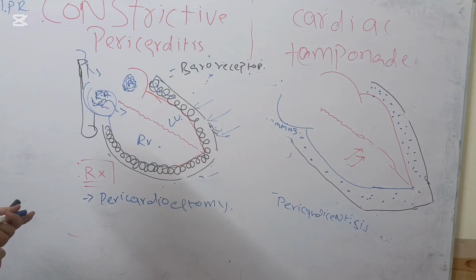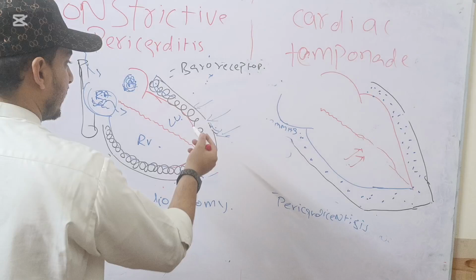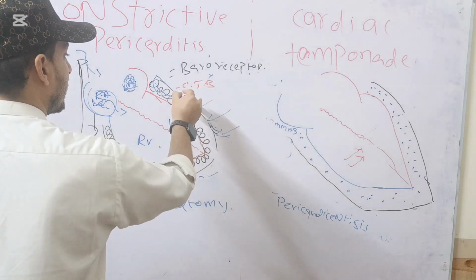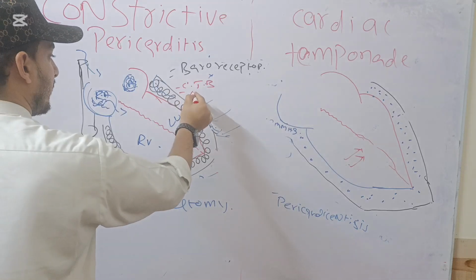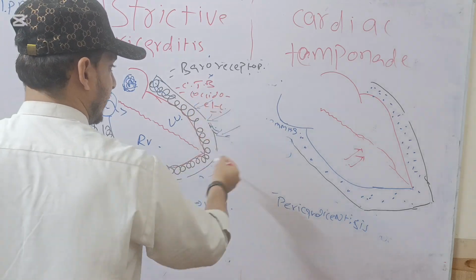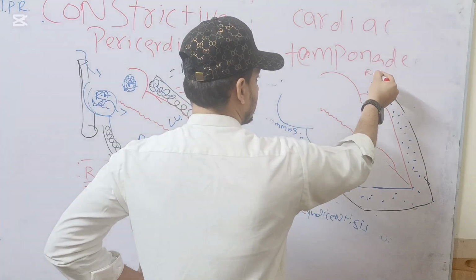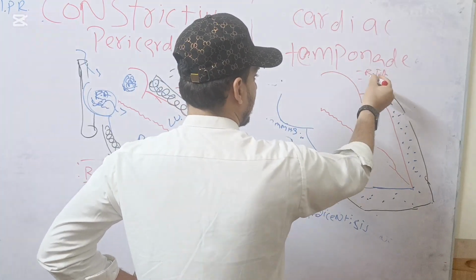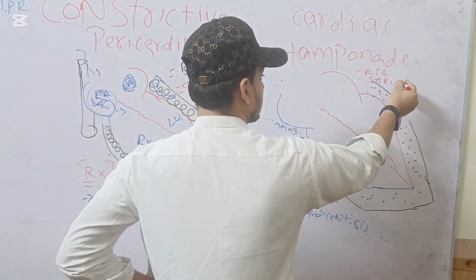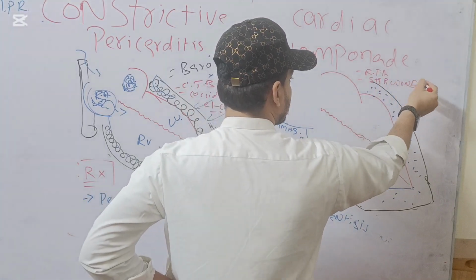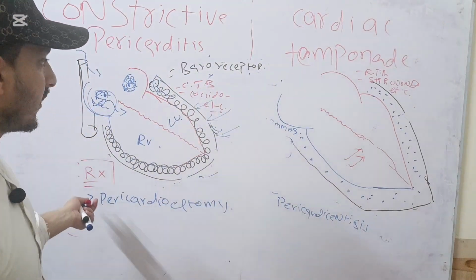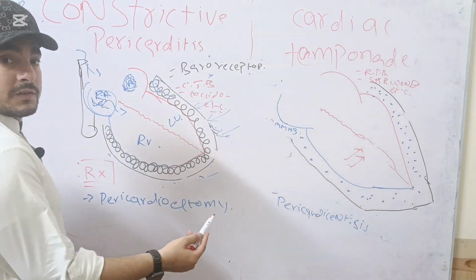And what about the causes? Here the causes are chronic TB, coccidioidomycosis, etc. Here the causes are RTA, road traffic accident, stab wound, etc. So here are the major differences. So there is a flap series.